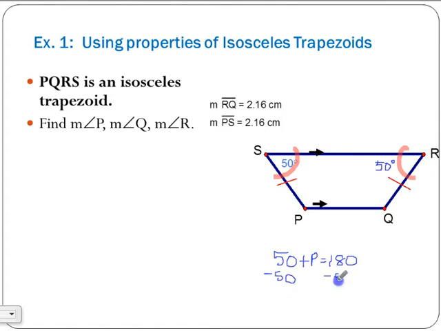Subtract 50 from both sides. 180 minus 50 is 130. So the measurement of angle P would have to be 130. If P is 130, that means Q has to be 130. So we found all of our missing angle measurements using the properties that we've learned about isosceles trapezoids.